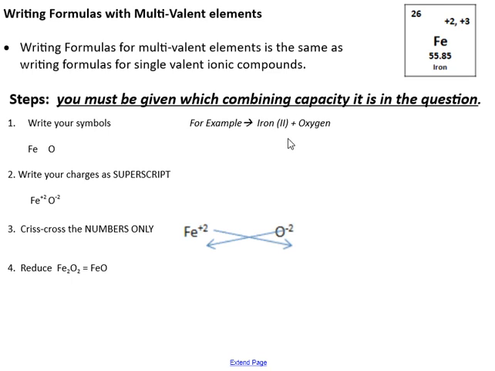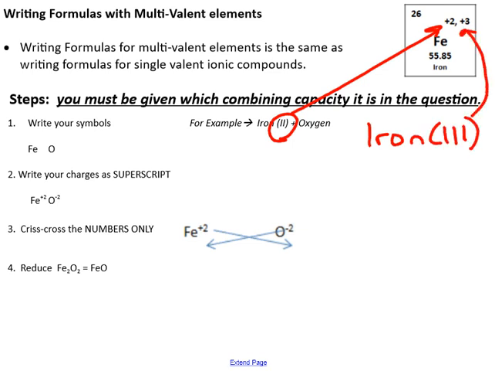You'll notice after the word iron here, I've included the Roman numeral 2. That means we're going to pick the charge that matches that Roman numeral. If I have Roman numeral 2 here, I'm going to pick the charge that's 2. Had I said iron with the Roman numeral 3, then I would have picked iron whose charge is 3.